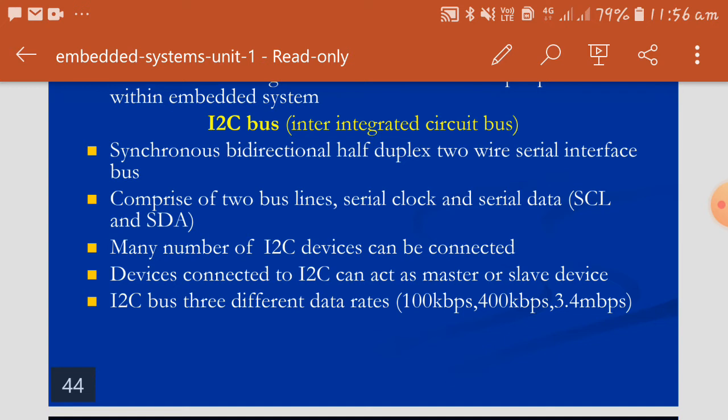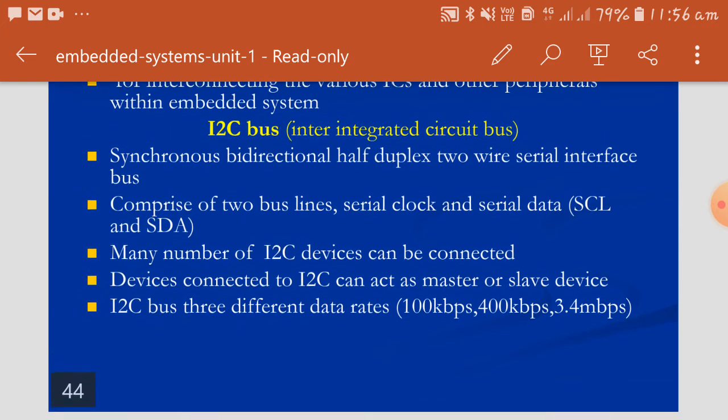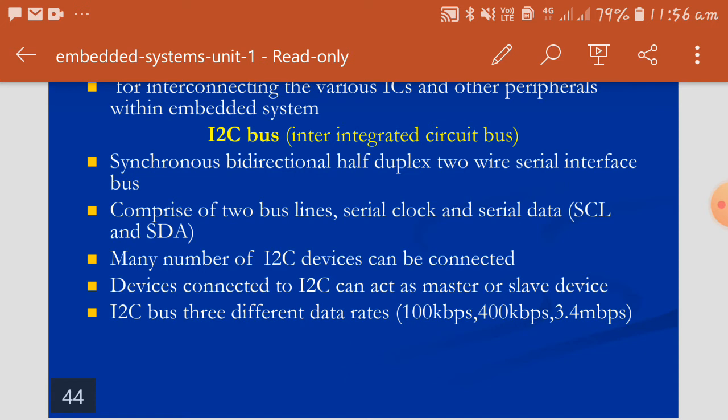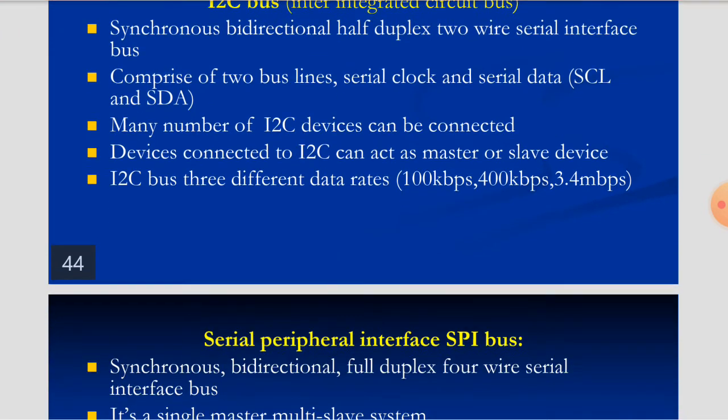Half duplex means you can communicate but not simultaneously: while transmitting, receiving does not happen, and while receiving, transmission does not happen. It is synchronized, so you have to synchronize the operations by sending the serial clock. It has two wires, SCL and SDA, serial clock and serial data.